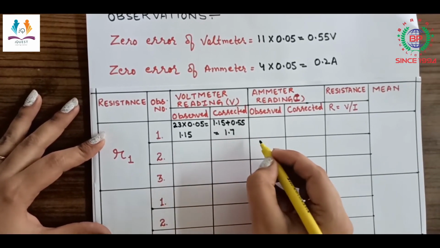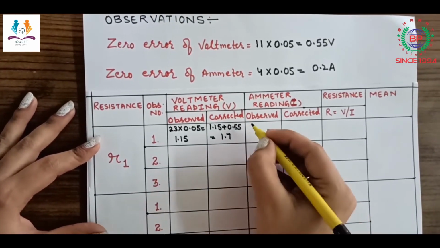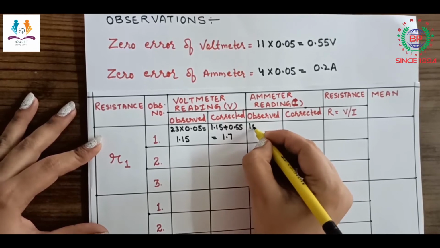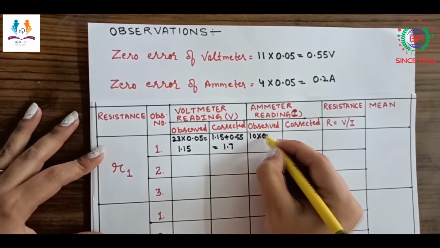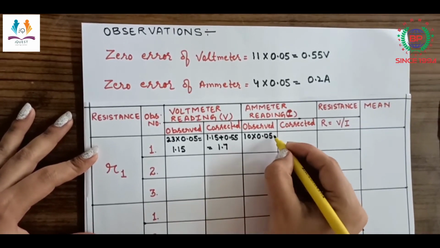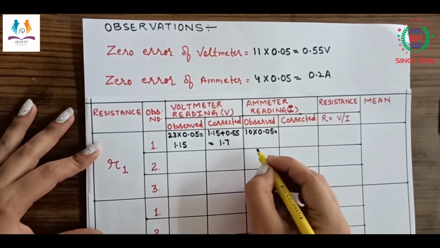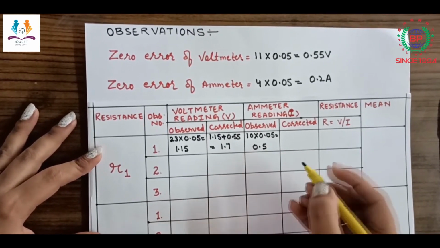Now the reading of the ammeter was 10 divisions into the least count of the ammeter, that was 0.05, and it is equal to 0.5 ampere.